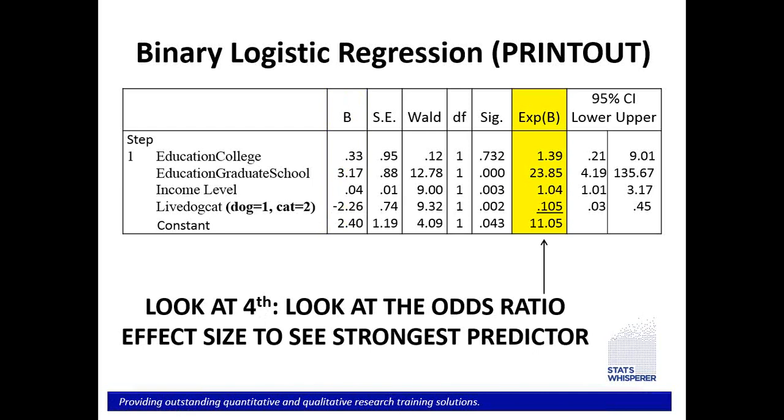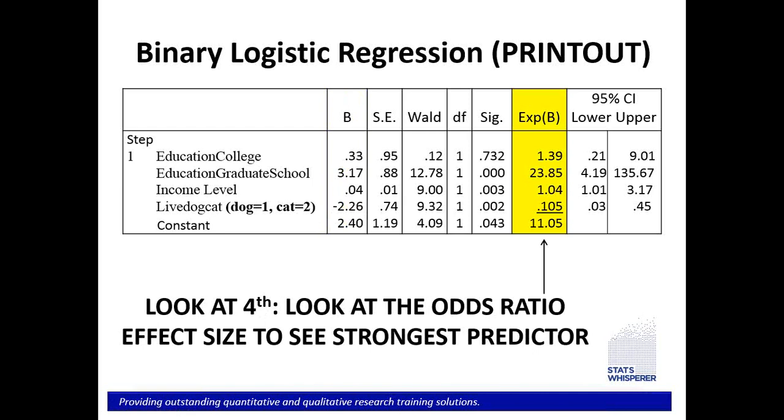So we would say that those with a graduate school education are almost 24 times more likely to be happy relative to the reference group, those with the high school GED level education. Almost 24 because it's 23.85. Now that's a very big odds ratio, and that's likely due to our relatively small sample size.